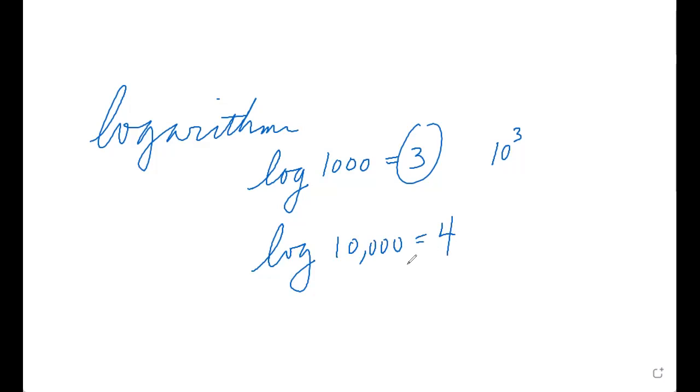And as a matter of fact, you can actually use a calculator. There is a function in your Texas Instrument calculator that says log, with a 10. Of course, 10 is understood, but they put it there anyway. So if you type in your calculator 10,000, and then you press this button, it's going to give you 4.